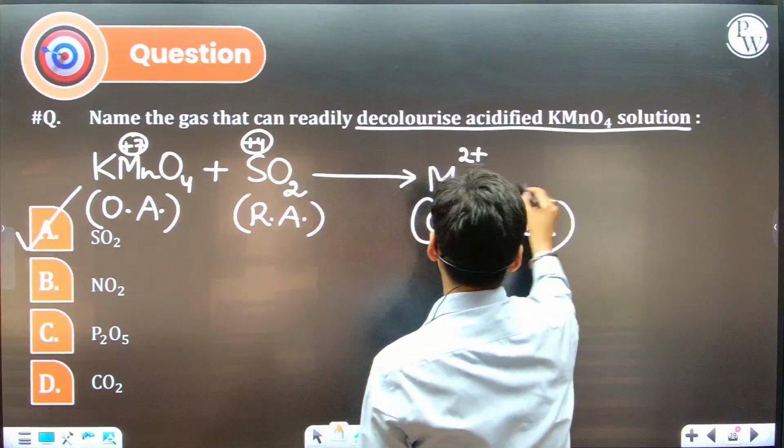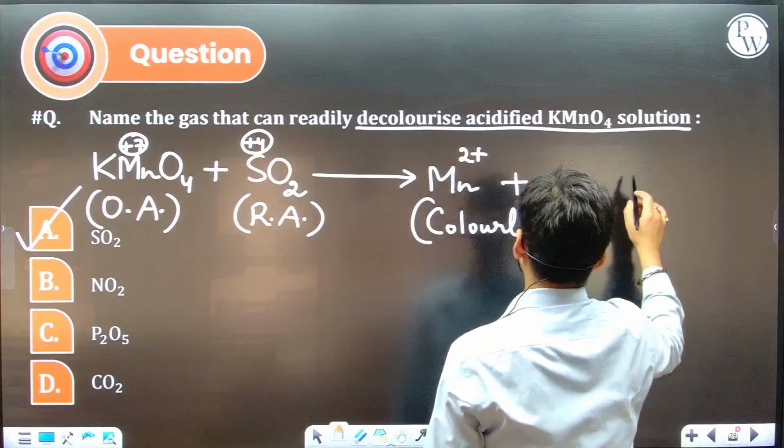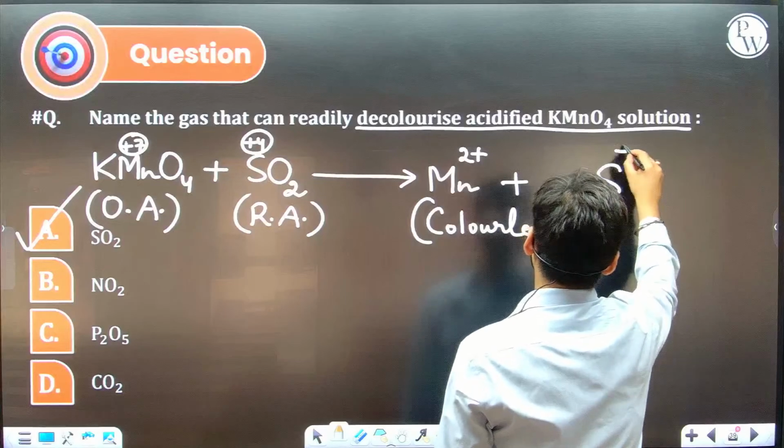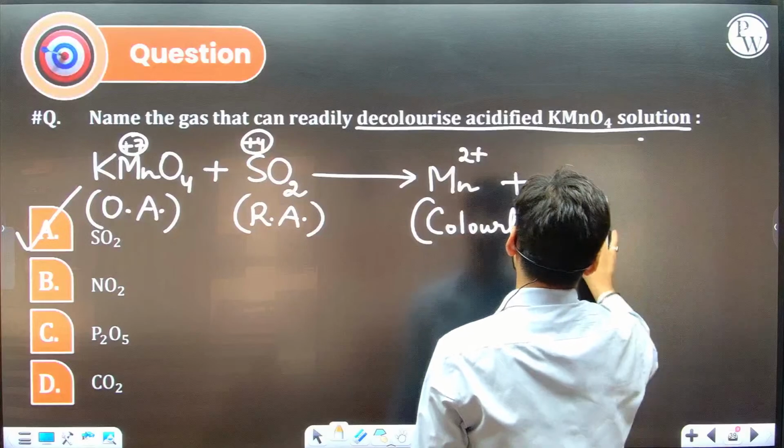Mn2+ is formed when the medium is acidic, right? And SO2 is getting oxidized to sulfur having a higher oxidation state, let's say +6. So some species where sulfur has a higher oxidation state.